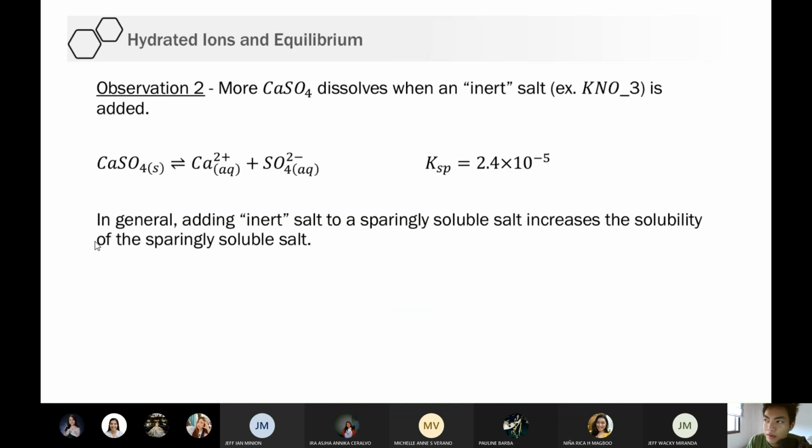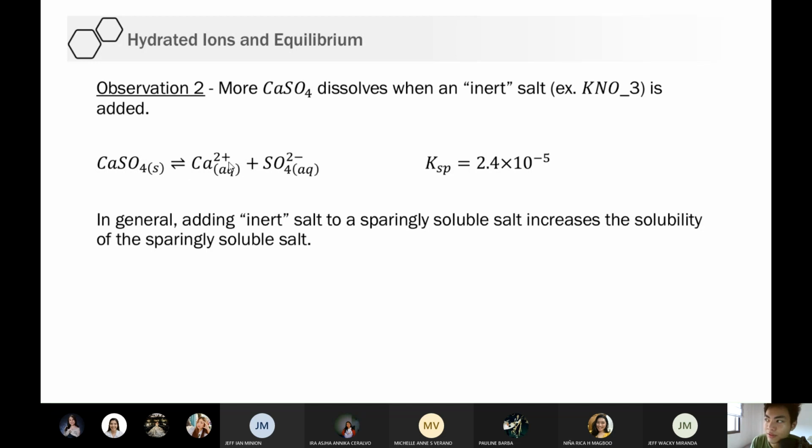On the other spectrum, suppose you have a precipitate, calcium sulfate. Calcium sulfate dissociates into ions as calcium 2 plus and sulfate ions.